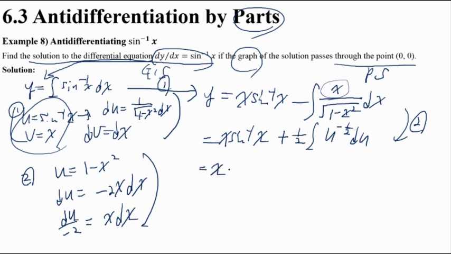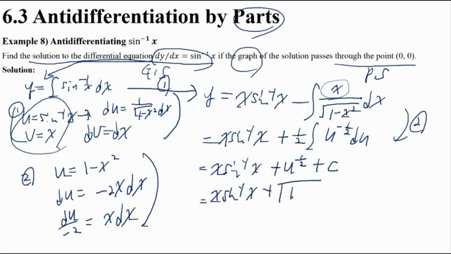Here x inverse sine x plus 1 over 2, upside down, so only u to the 1 over 2 is left, plus c. Okay, now the final part: x inverse sine x plus square root of 1 minus x squared plus c.